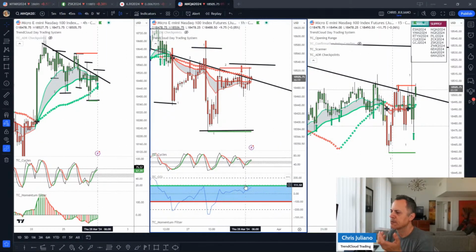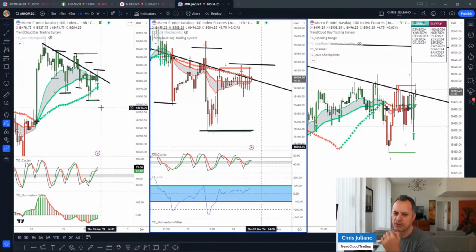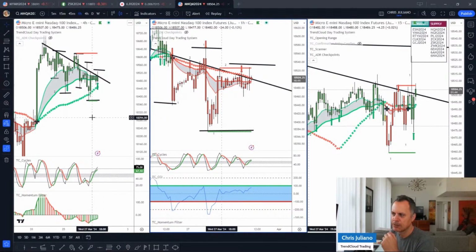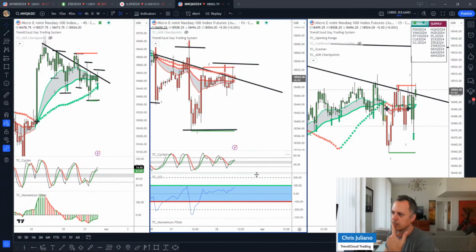We've got momentum just starting, right? It looks like it really wants to break above positive 100 on your CCI, but yet it keeps going down. So we keep going down, and momentum is starting to break to the upside. So we could get a momentum shift here, a complete momentum shift.